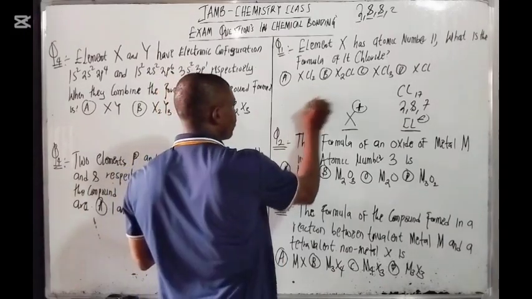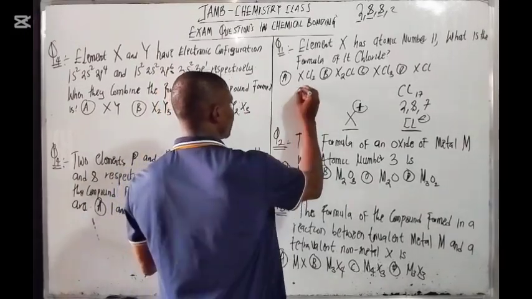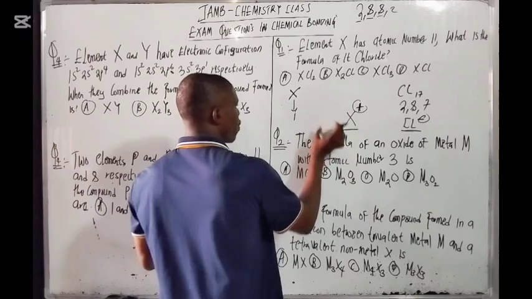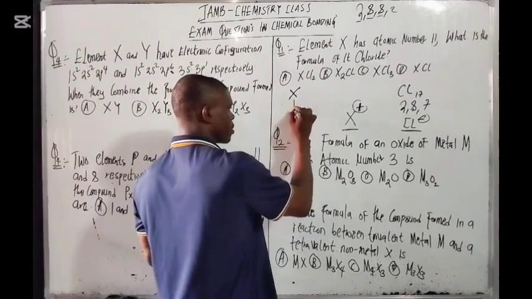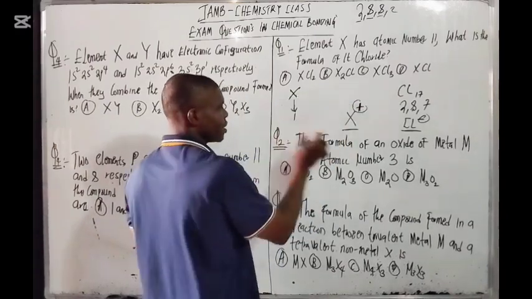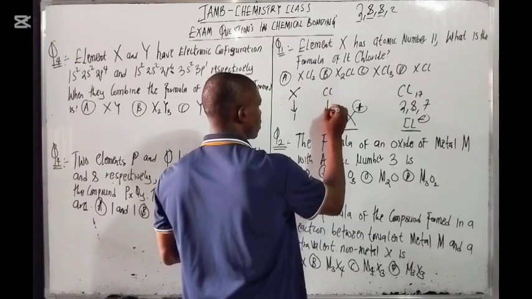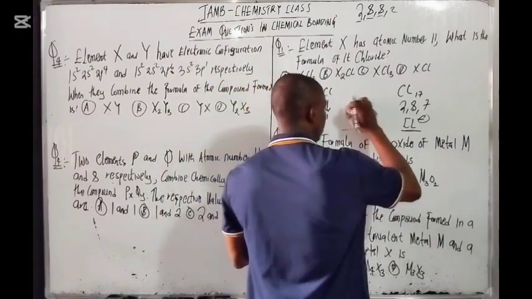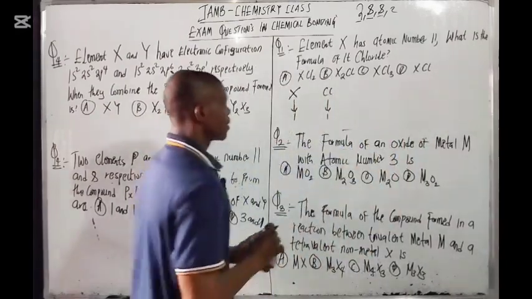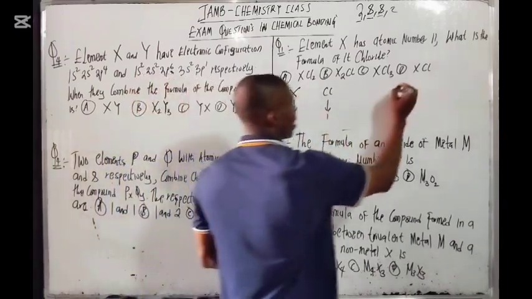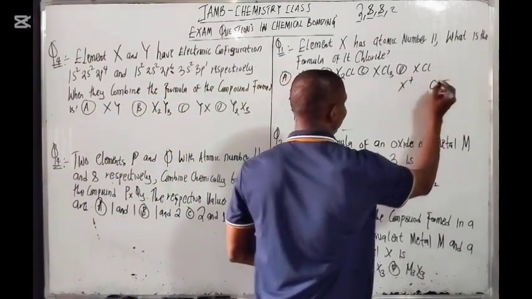So how do you write the chemical formula? Let me write it here. You're going to have X1. Why is it 1? Because +1. Chlorine is 1. Do you understand? Remember you have X plus and Cl with minus, right?